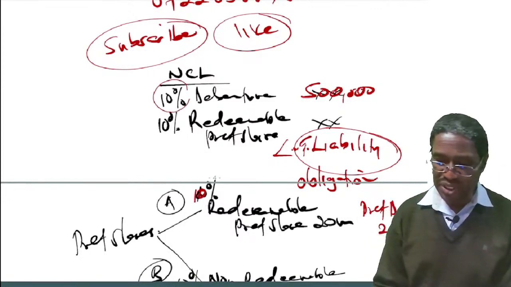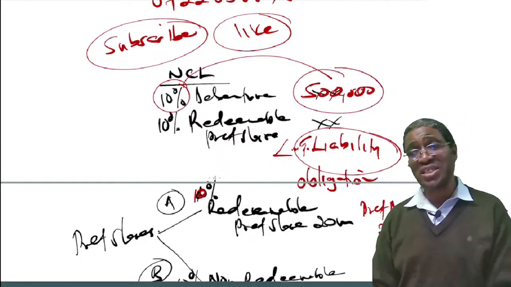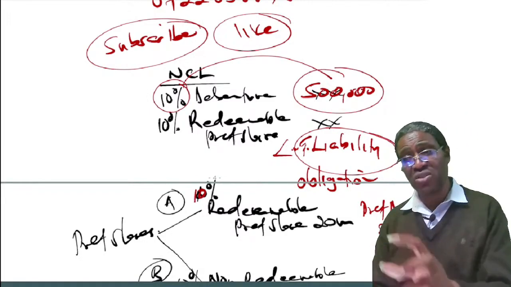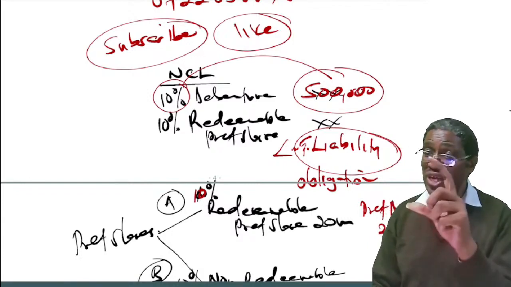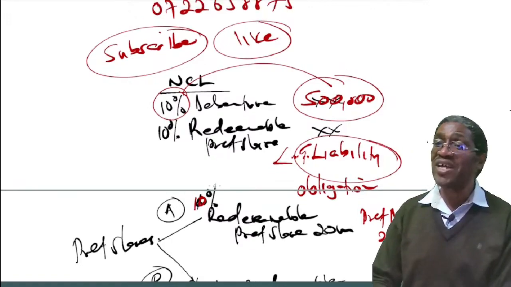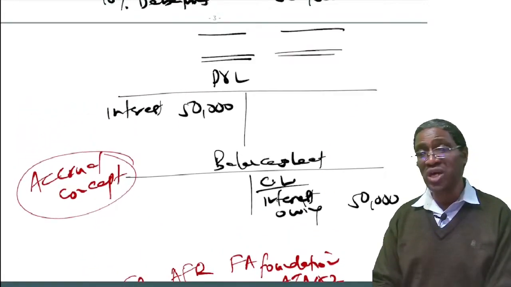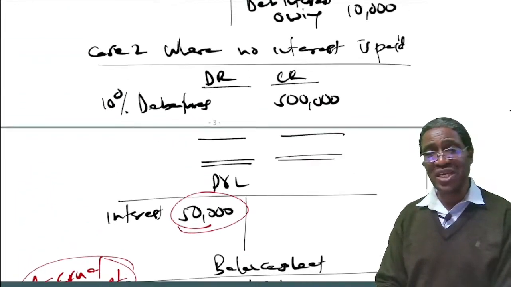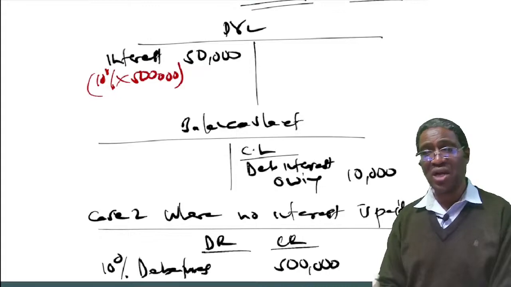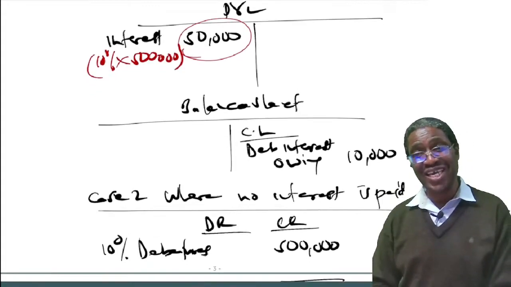It is 10% of 500,000. And that interest, which is 50,000, we were saying in the previous class, that you normally take it to the income statement as a finance cost. Here we were even doing an illustration. You can even see here, I was charging 50 in the P&L account. There were two cases. Here, 10% of 500, what we were charging as interest.